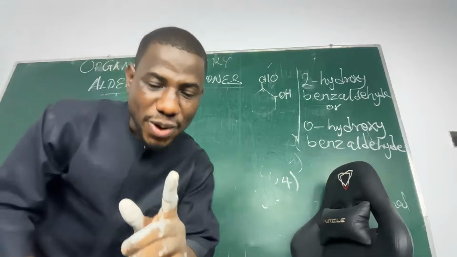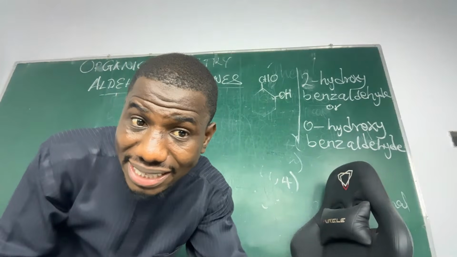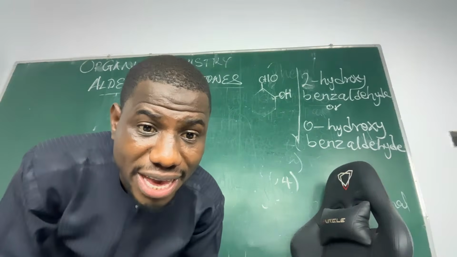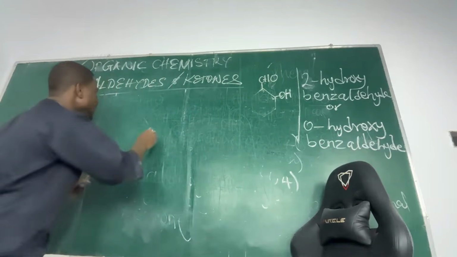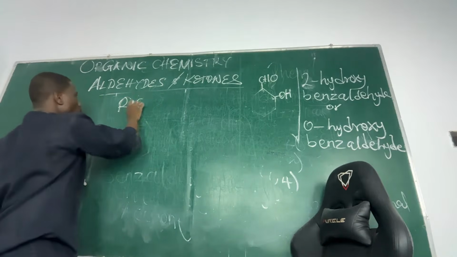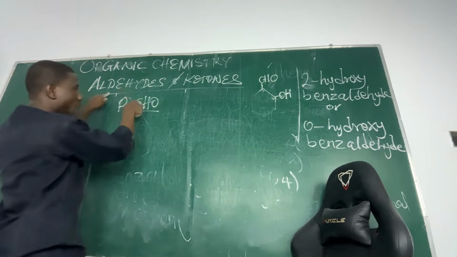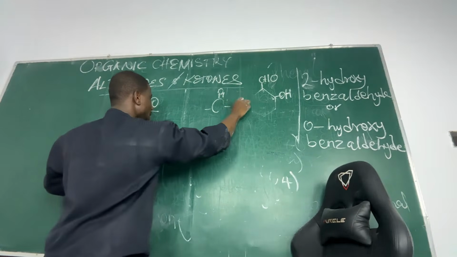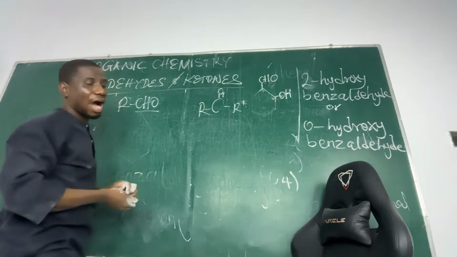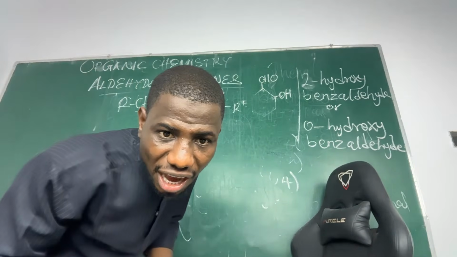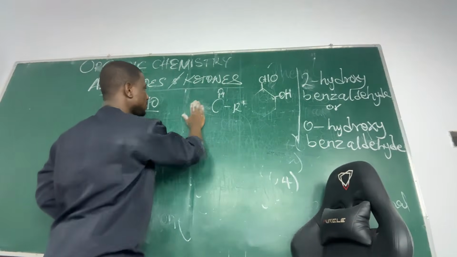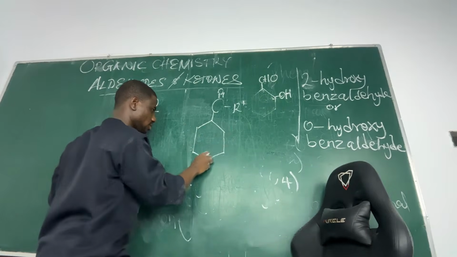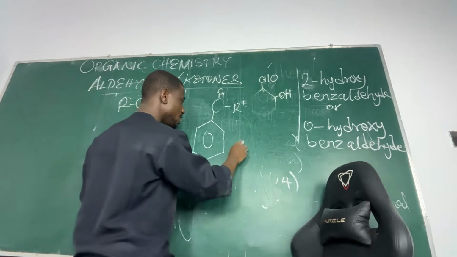Okay. When aldehyde is bonded to benzene, we call it benzaldehyde. But now we are using the carbonyl group of a ketone, of an alkanone. This is RCHO for aldehyde or alkanal, C double bond O with R prime and R here for alkanone. Are you with me? Now, if we remove this and bond this thing with a benzene ring, it is called phenone.